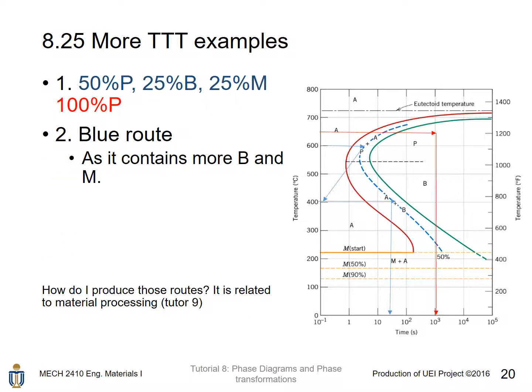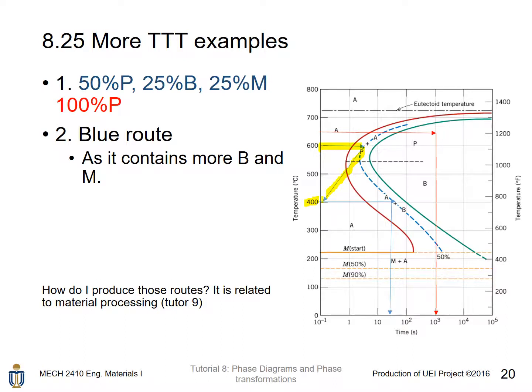For the blue one, it will be 50% pearlite, 25% bainite, and 25% martensite. Why? In the first route here, 50% of the austenite will transform to pearlite. Afterward, the remaining 50% austenite, as the route specifies, will undergo phase transformation at 400 degrees Celsius, a lower temperature.